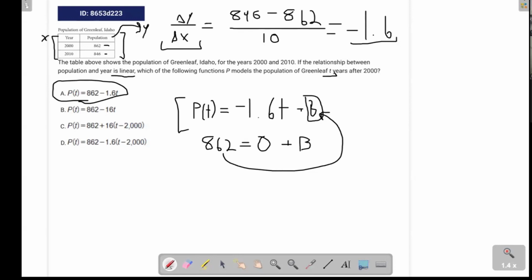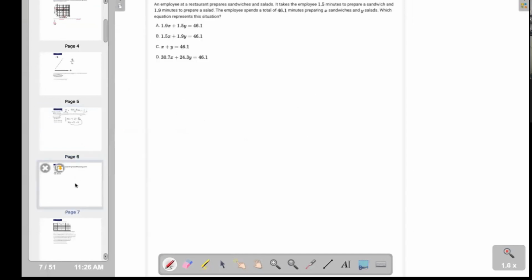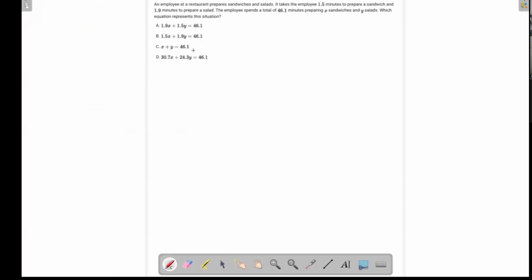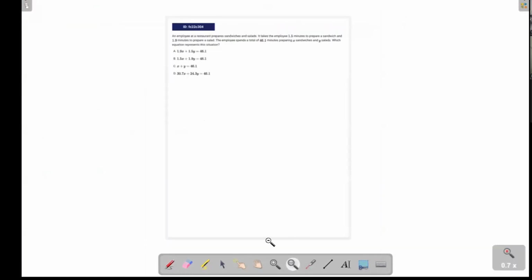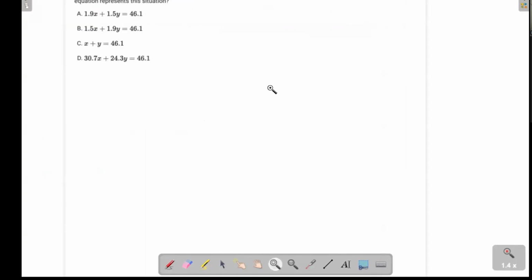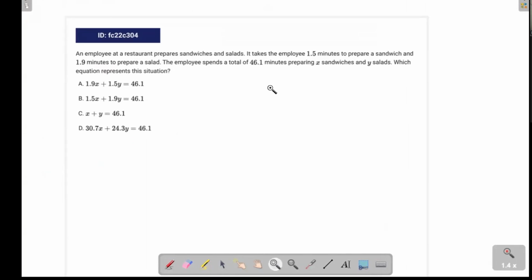All right. So let's move on to this next problem. An employee at a restaurant prepares sandwiches and salads. It takes the employee 1.5 minutes to prepare a sandwich and 1.9 minutes to prepare a salad. The employee spends a total of 46.1 minutes preparing X sandwiches and Y salads.